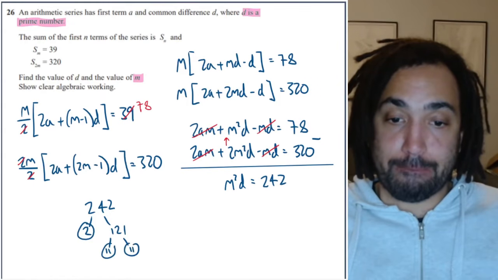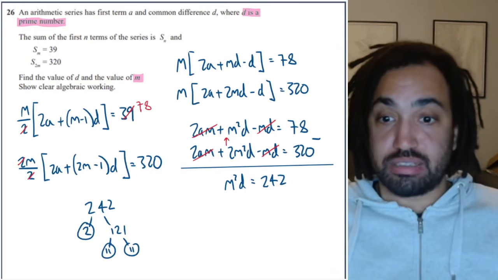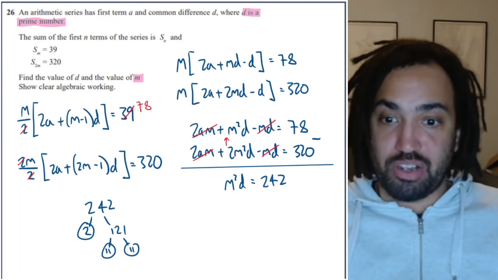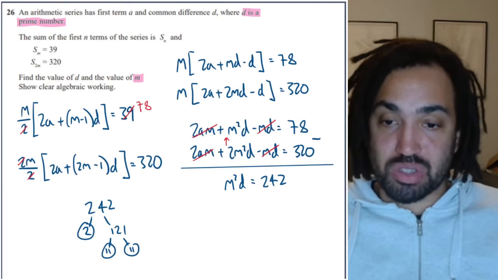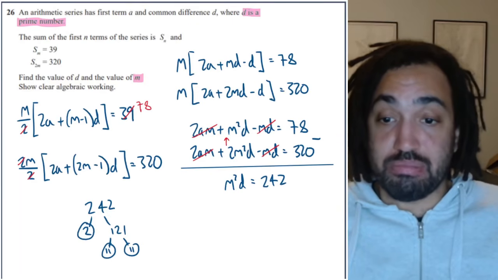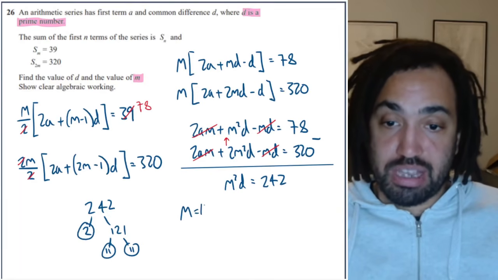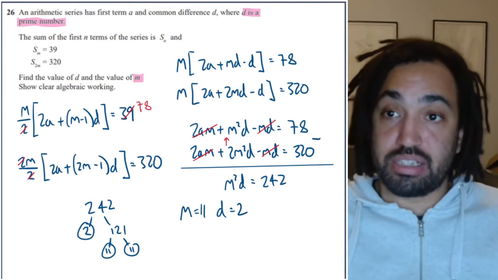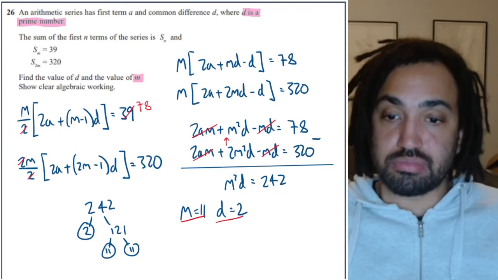Okay, and this is what we get. So M and D now don't have many options, because M squared must be the 121, it must be the 11 times the 11, and D must be the 2. So M equals 11 and D equals 2. And that is the end of the question. Nice.